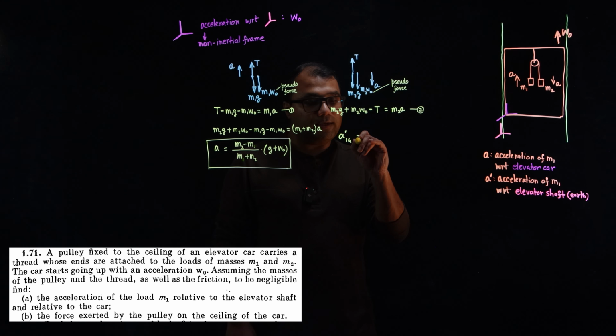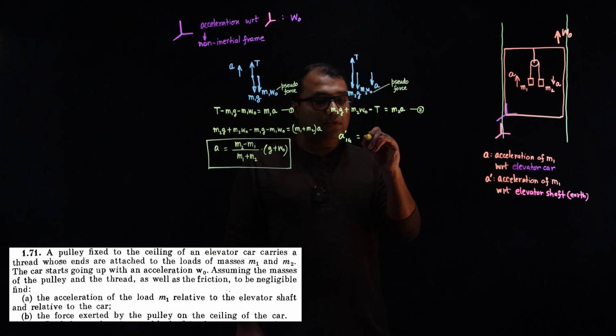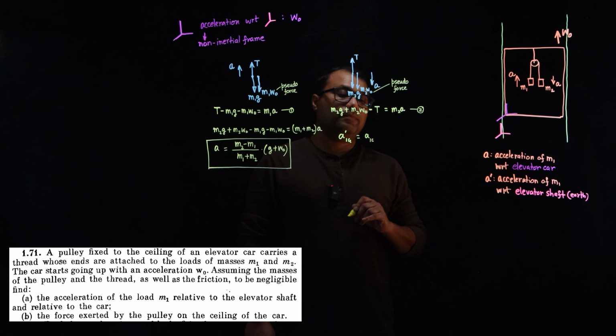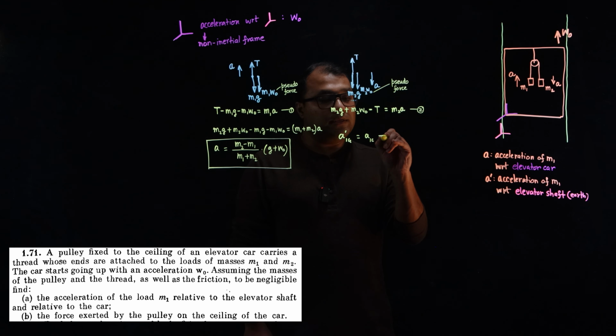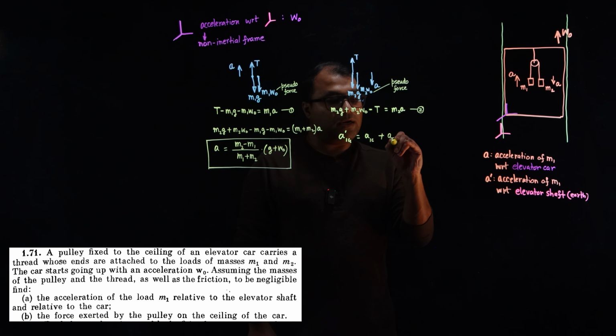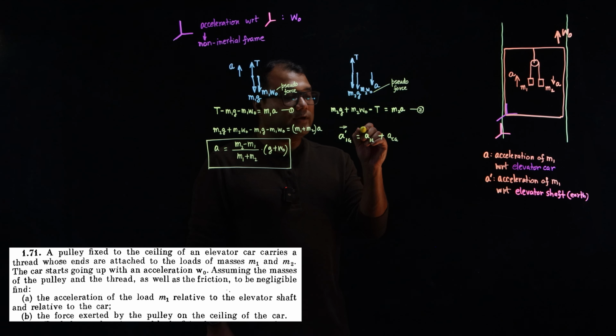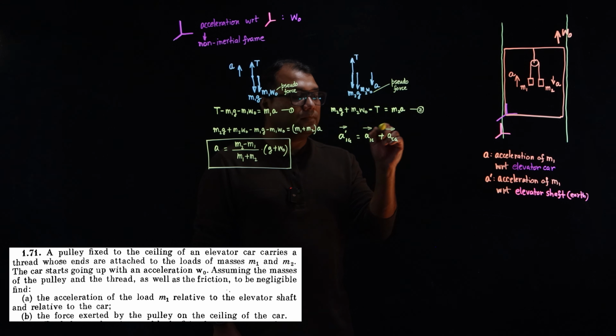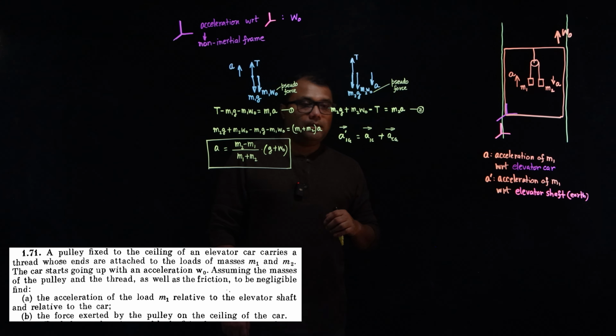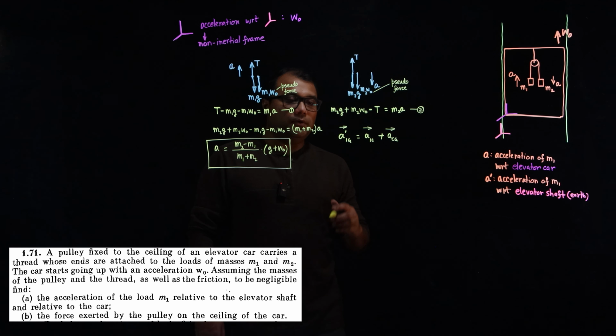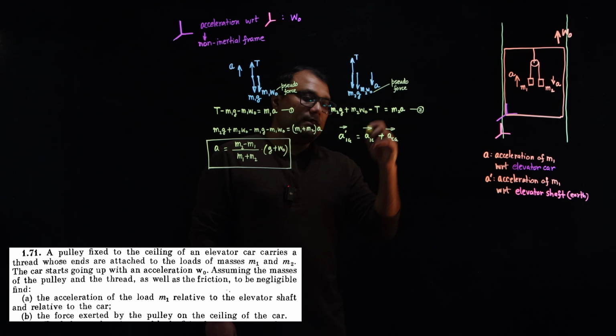We can write that as acceleration of 1 with respect to elevator car plus acceleration of car with respect to ground. So this is the vectorial representation. Okay. So now both these quantities are known and all are in the same direction.